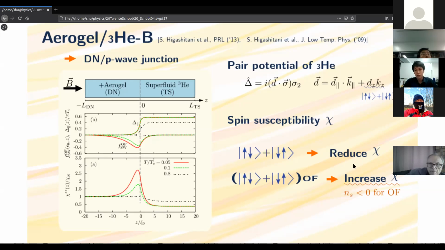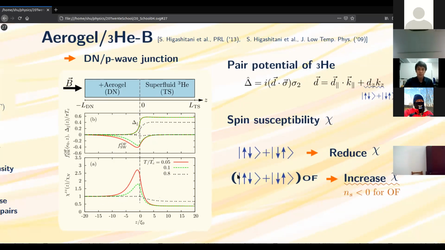However, if we apply this idea to odd frequency pairs, the odd frequency pair responds in the opposite way compared with even frequency pairs, which means that the spin susceptibility should be increased. And this is the result of the odd frequency pairing.